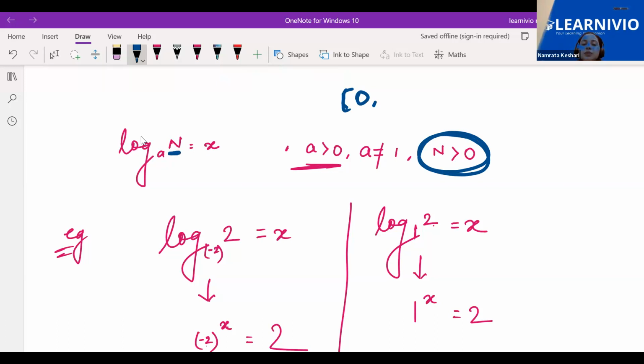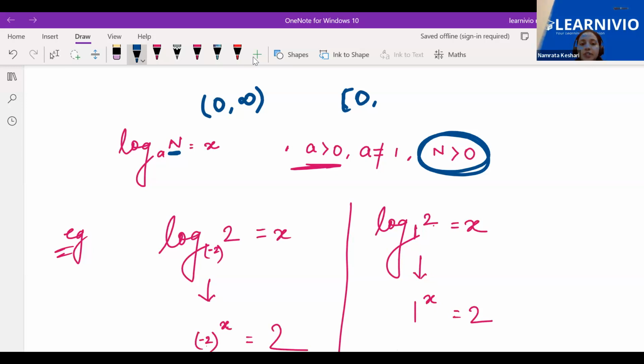Exactly. So we say the real numbers from zero, open interval, to infinity. Yes or no? Yes. Okay, so these are the possible inputs. This one is the domain of our logarithmic function.